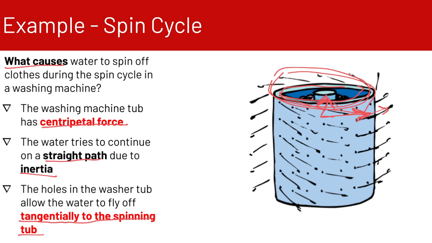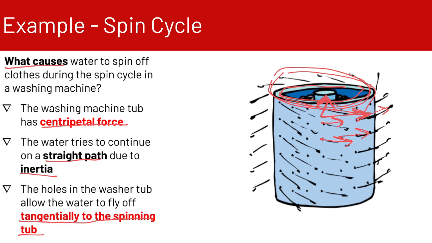The water, however, because of the little holes in the tub of the washing machine, gets to fly out tangentially to the direction of the spin. So remember, the tangential velocity is perpendicular to the direction of centripetal force.